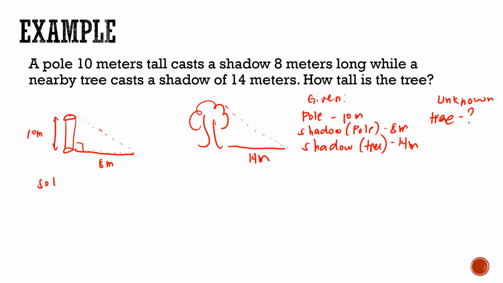Since this is an example of a similar triangle, we can say that their sides are proportional. The corresponding lengths of its sides are proportional.